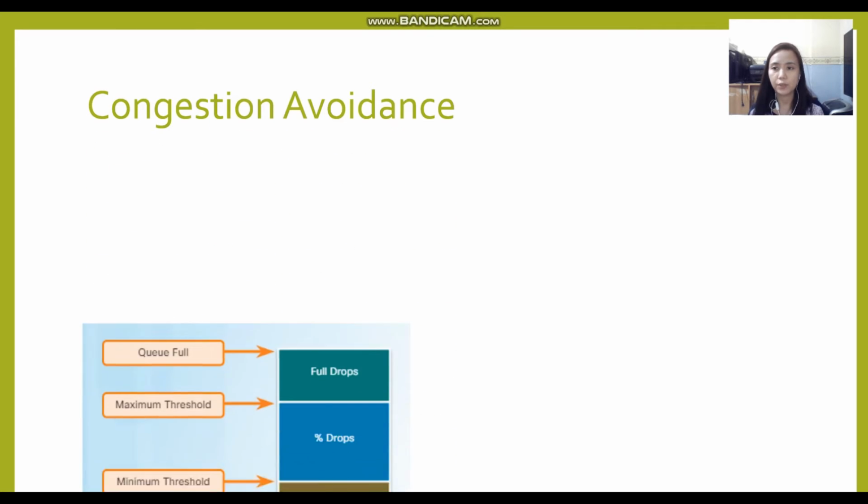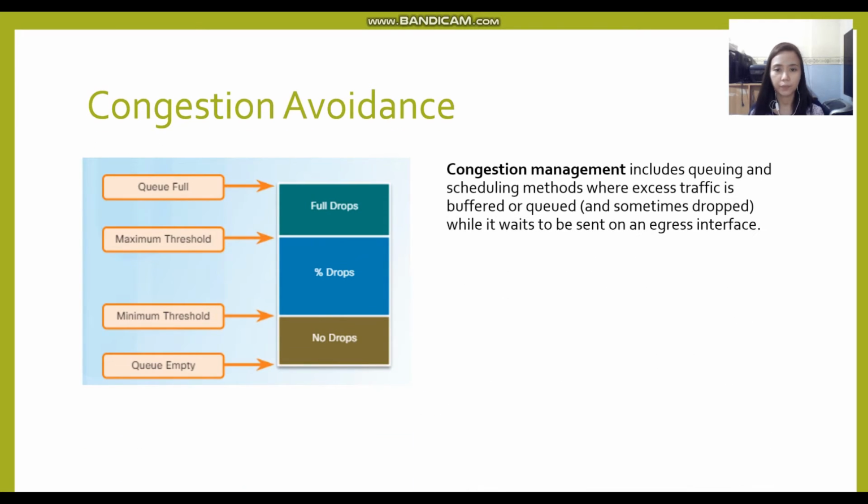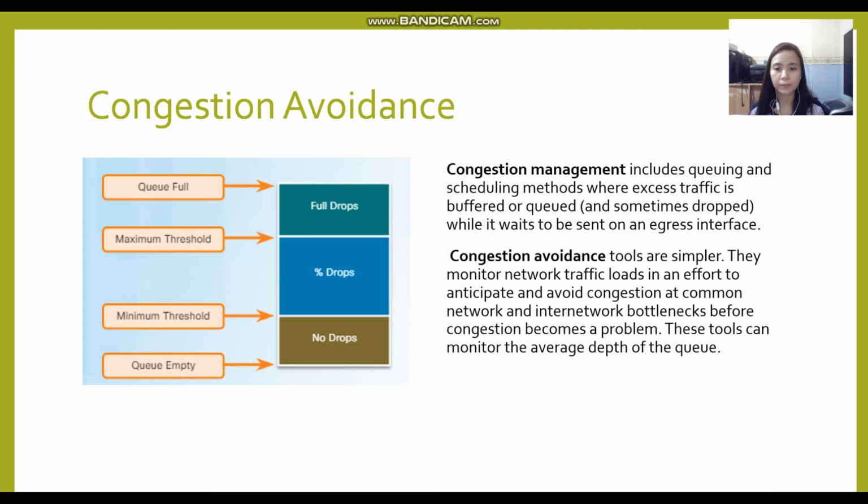Congestion avoidance. Congestion management includes queuing and scheduling methods where excess traffic is buffered or queued, and sometimes dropped, while it waits to be sent on an egress interface. Congestion avoidance tools are simpler.